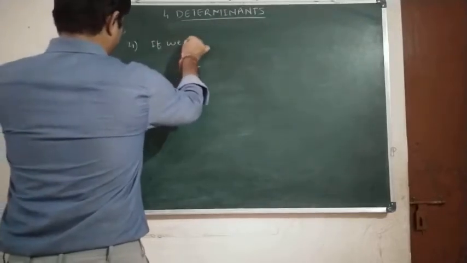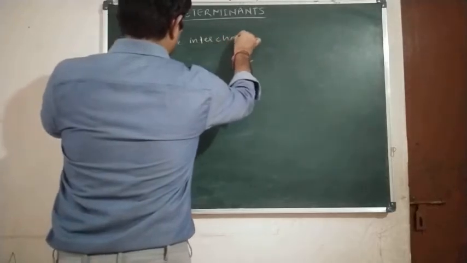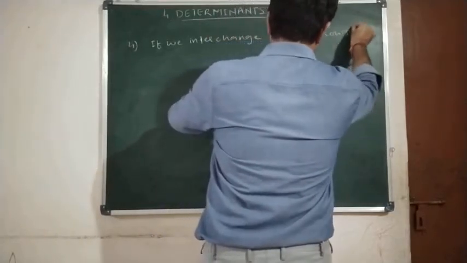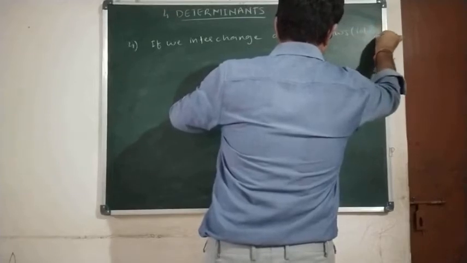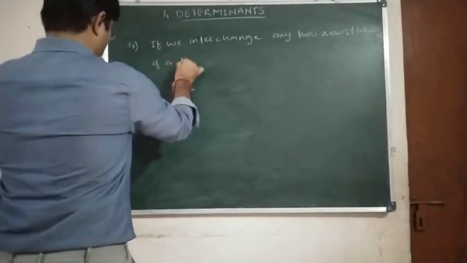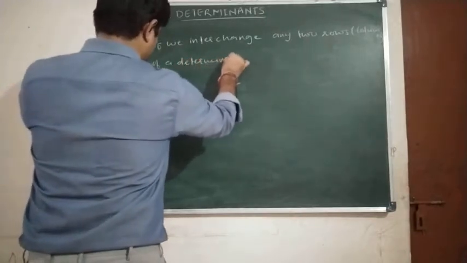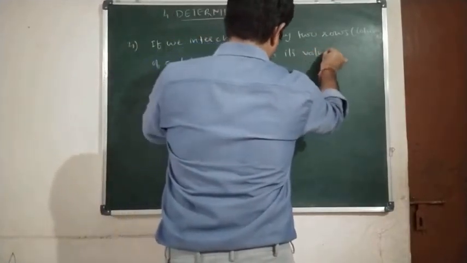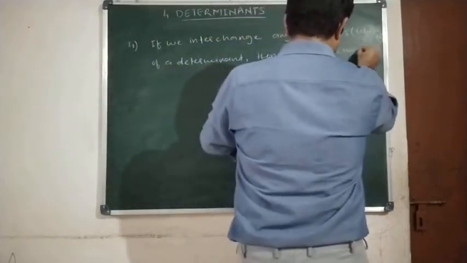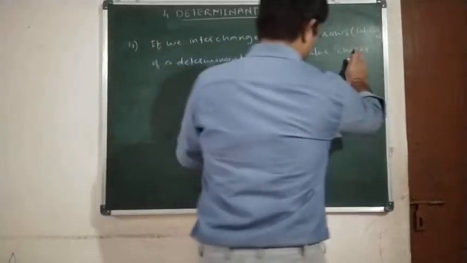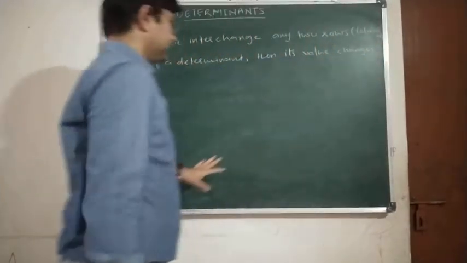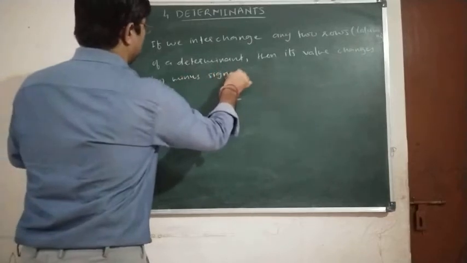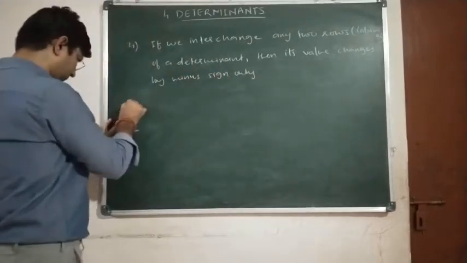So if we interchange any two rows or columns of a determinant, then its value changes by a minus sign only. Let us take one example for this.